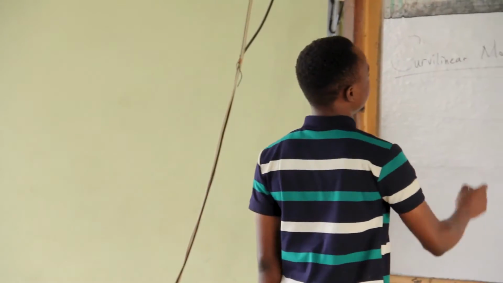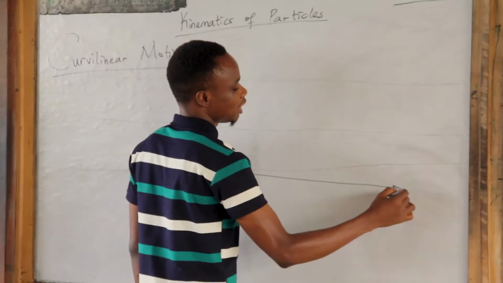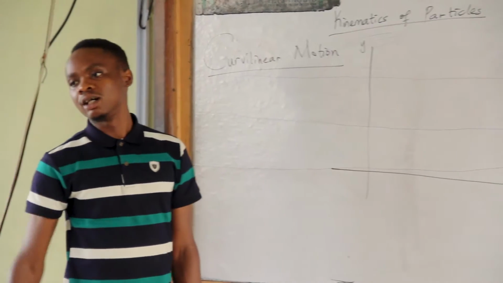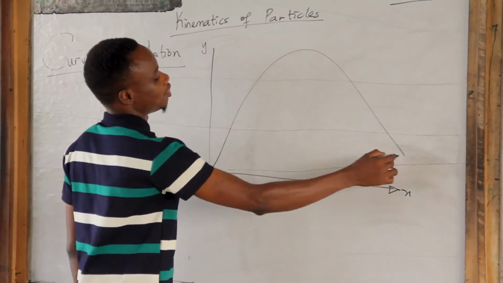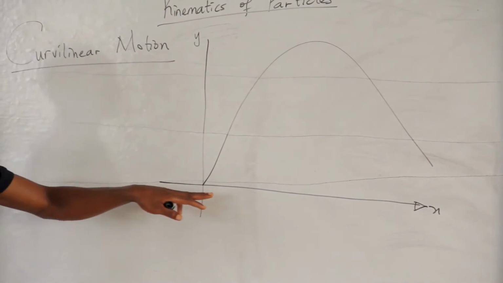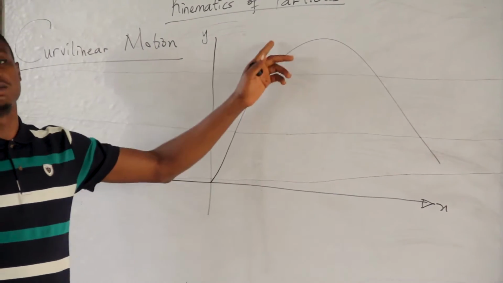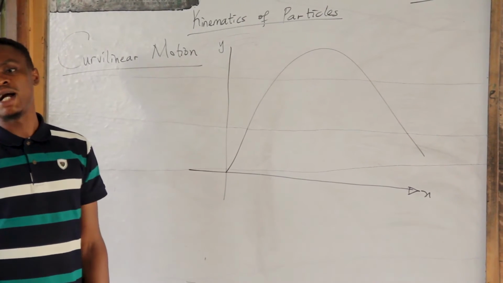So I can use a 2D coordinate system, like I have x-axis and y-axis. For instance, in the projectile motion problem, we have this kind of trajectory. That tells you that we could not have used a single axis, say x-axis for instance, to locate the position of the object. We will have to also simultaneously describe its y coordinate.